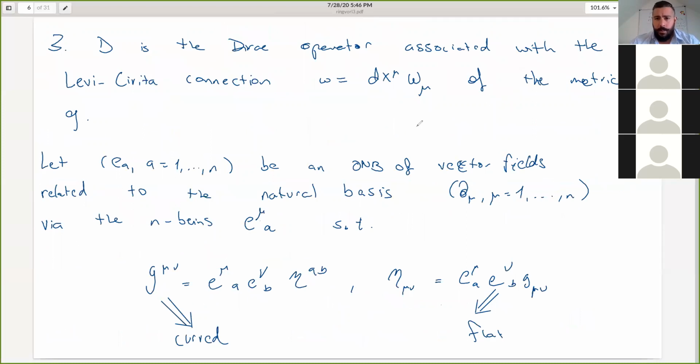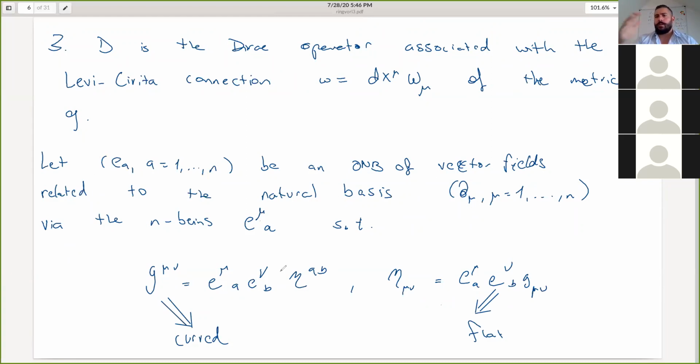Then you have a Dirac operator associated with the Levi-Civita connection, dx mu omega mu of the metric g. I don't want to dive too much into that, but let e_a be an orthonormal basis of vector fields related to the natural basis d mu.